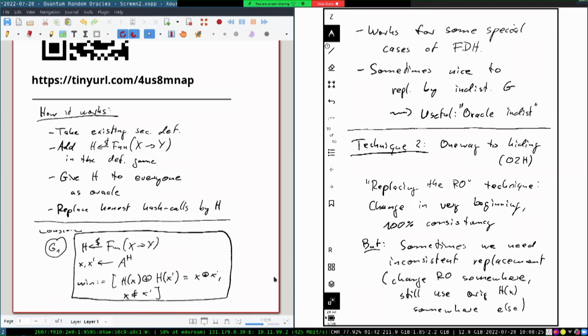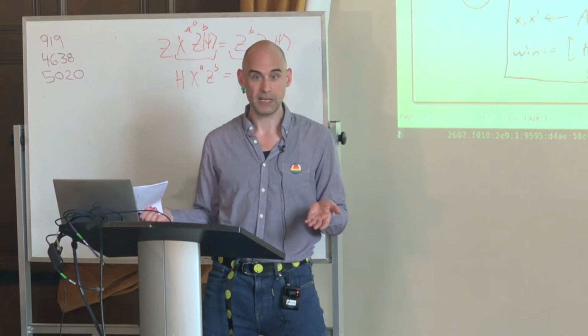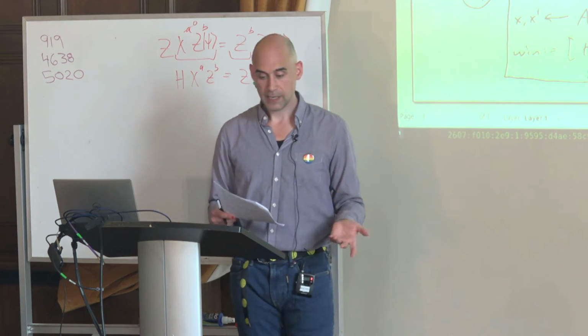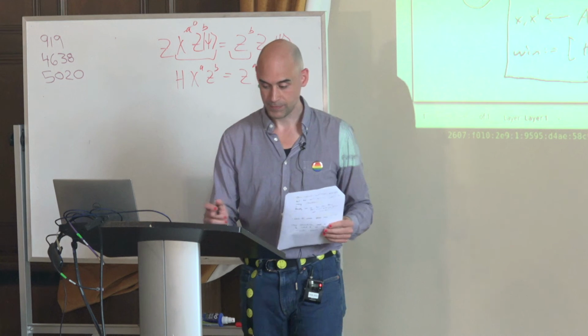So now, instead of having two places in the game where we would get the same answer, we now have different answers. And this is something the adversary can in principle tell apart. So we need to hope that the adversary doesn't notice.